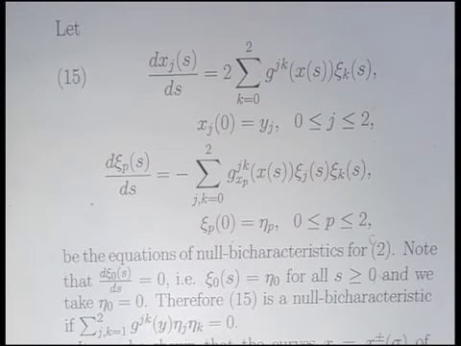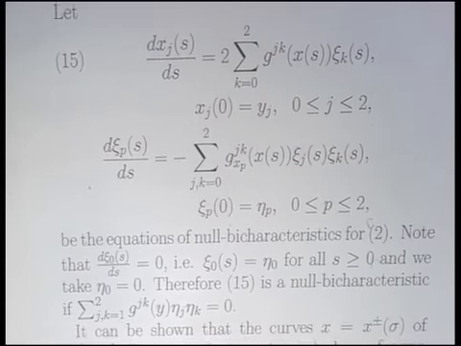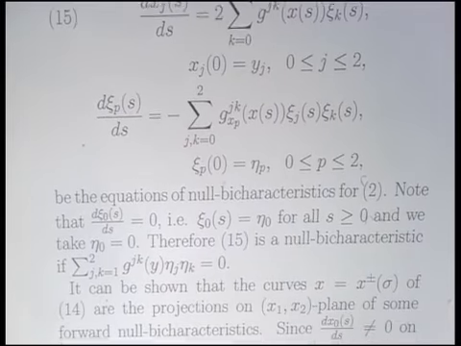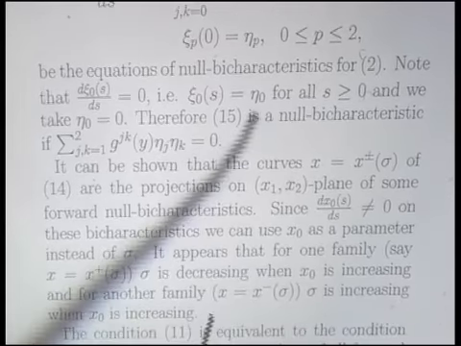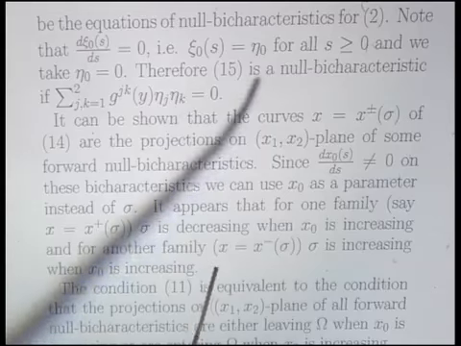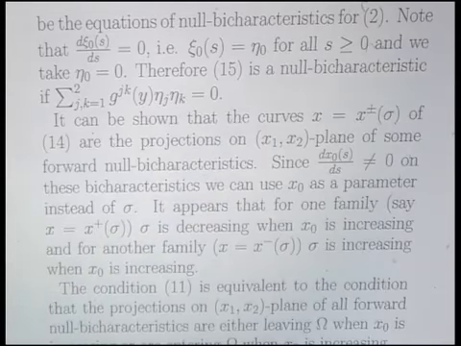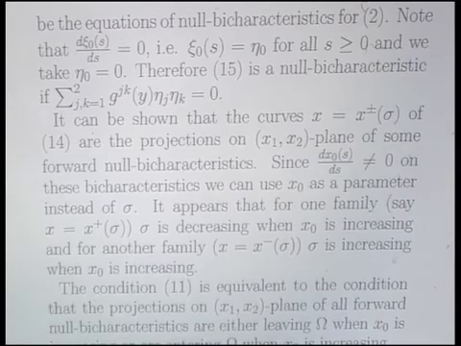Moreover, this is an important fact: because the time variable over S is not 0, you can parameterize these curves in the plane by the time variable as a natural parameter.